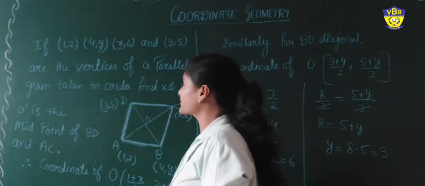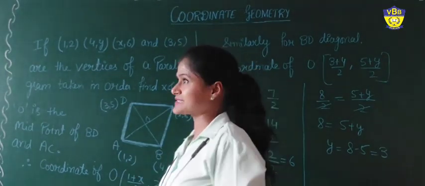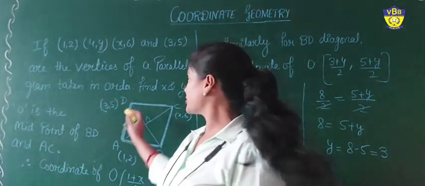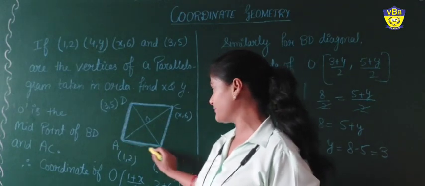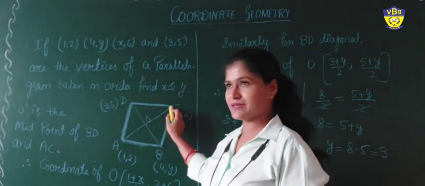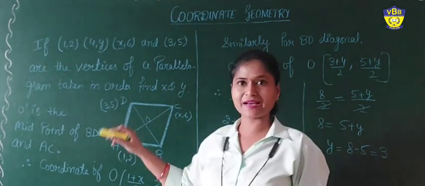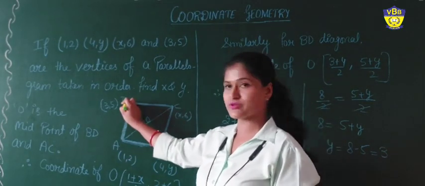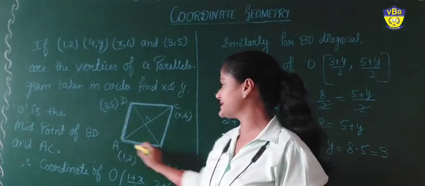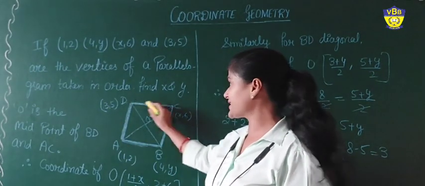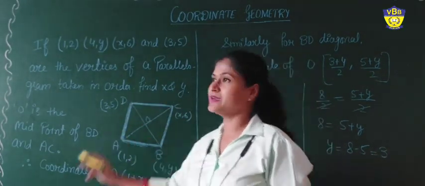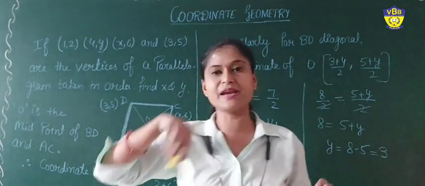So before starting, you need to keep in your mind that it should be in order. If I am writing A, B, then C and D, it does not work. It will be in cyclic order. If you start here, A, B, C, D, it might be clockwise or anti-clockwise.